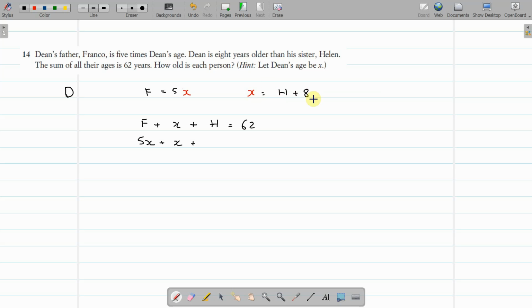Yep, if we rearrange this a bit, take away 8, we get x minus 8. So 5x plus another x minus 8 equals 62. So first line of working, second line of working, and then you should be able to work out the answer from that.